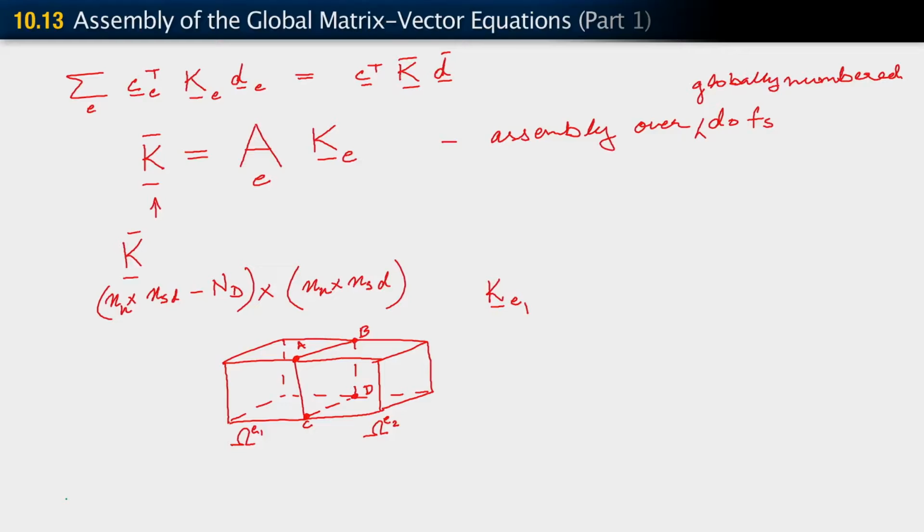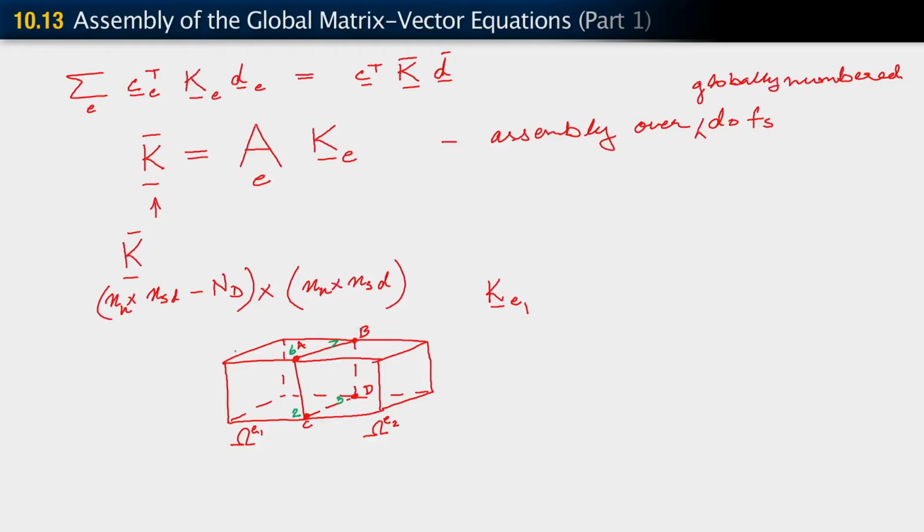Let me label the local numbering of nodes. For element omega E1, what I've labeled here is global node C. Supposing we say that is local node 2 in element E1, D would be local node 3, A would be local node 6, and B would be local node 7.